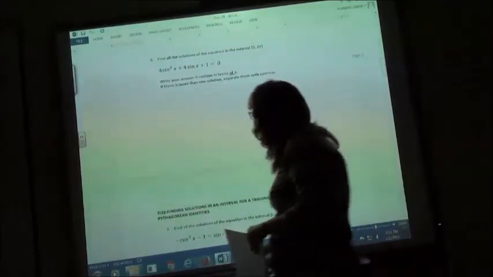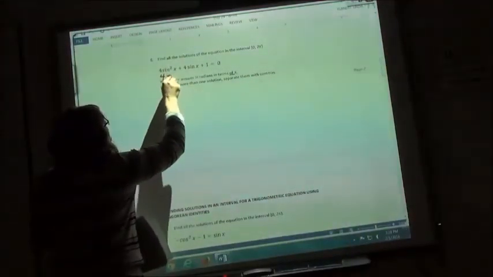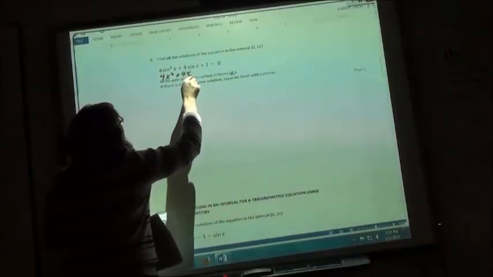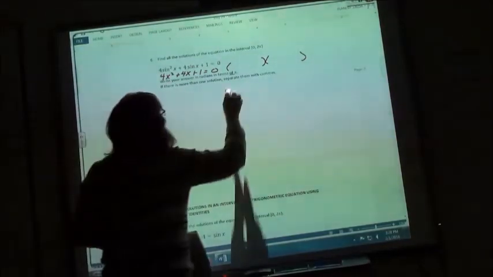Number 6. Again, if we think about this one, we would have 4x squared plus 4x plus 1 equals 0, taking out the word sine. And so if I'm going to factor that, 4x squared, I'm going to try 2x and 2x.